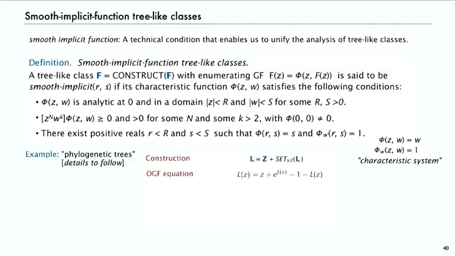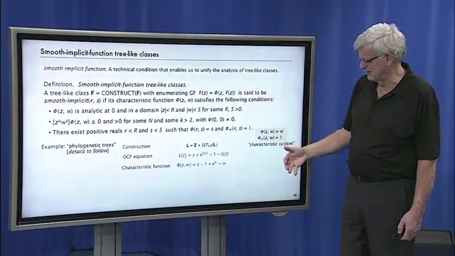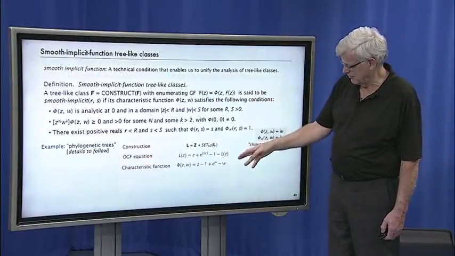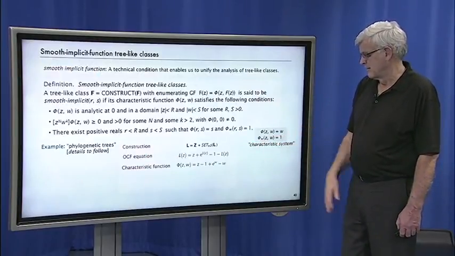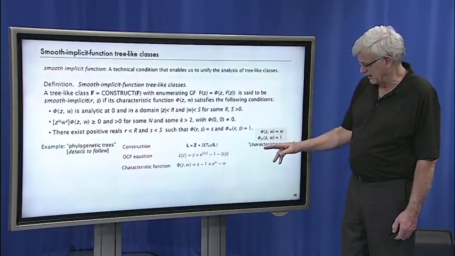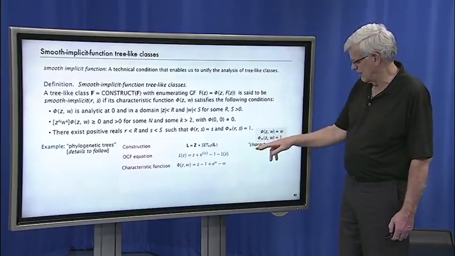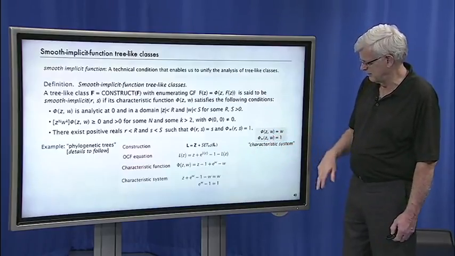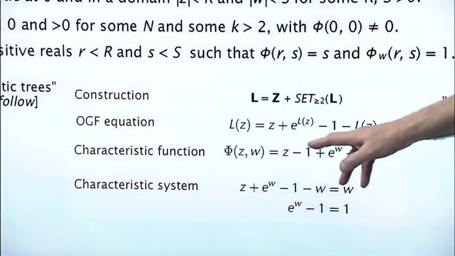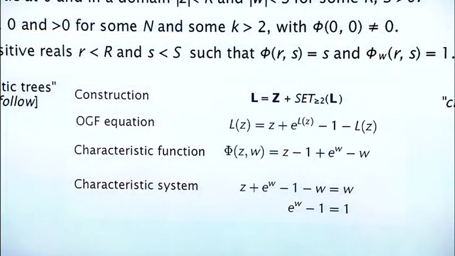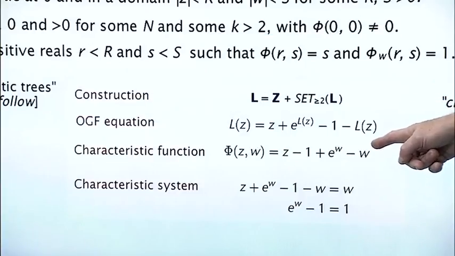It is an implicit tree-like class because the characteristic function is z - 1 + e^w - w. Then we can write down the characteristic system, which is to set that equal to w and set the derivative with respect to w equal to 1. So z - 1 + e^w - w = w. The derivative of this with respect to w is just e^w - 1. E^w - 1 = 1.